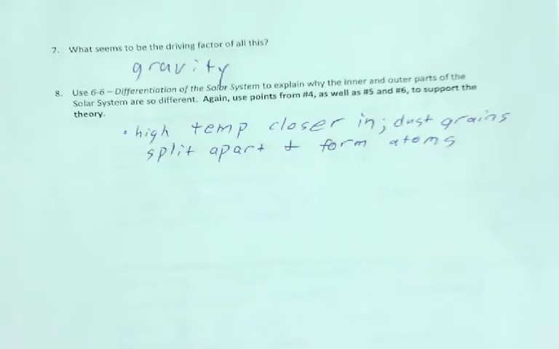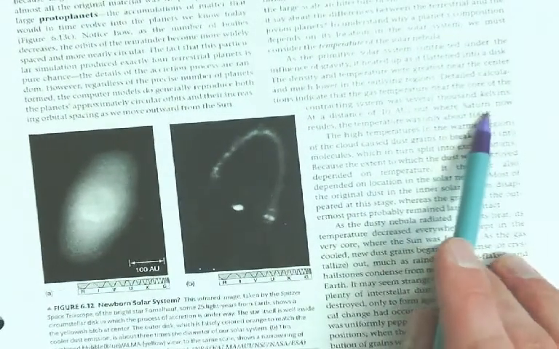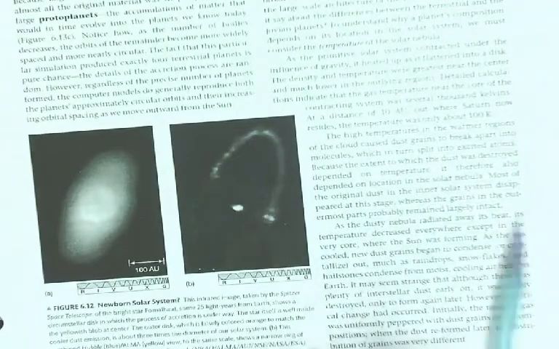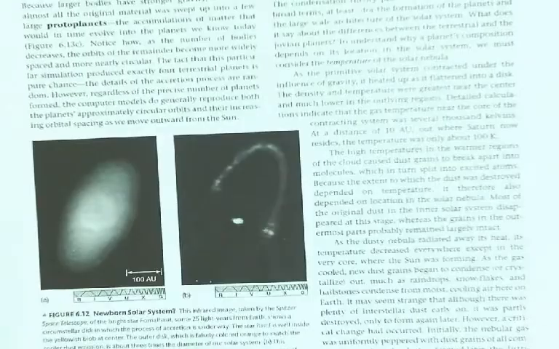The high temps are really important closer in. Saturn was only about 100 Kelvin, as opposed to closer in with much, much higher temperatures. So you can see how there's a big difference there.